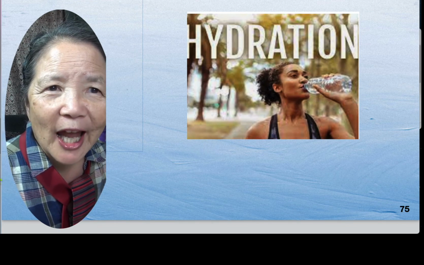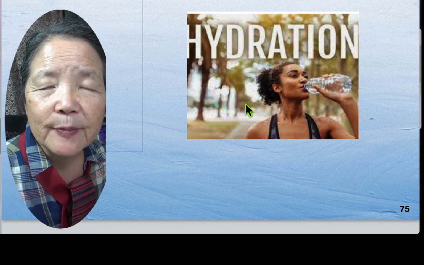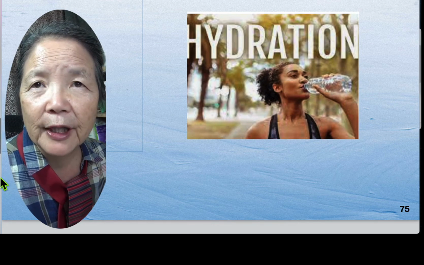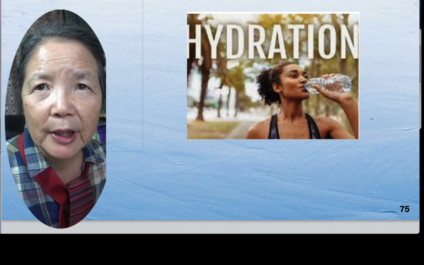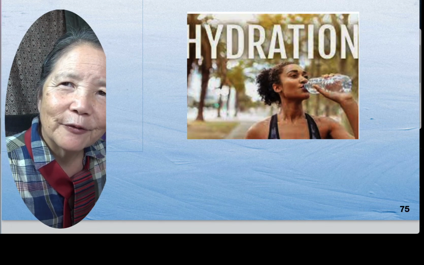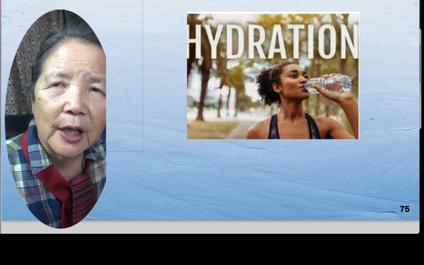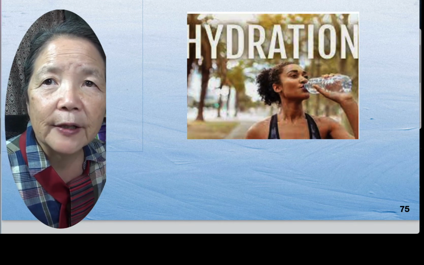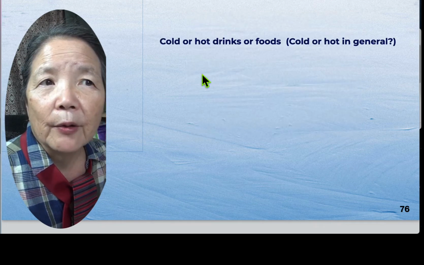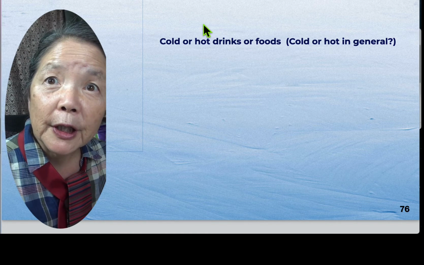If they tell you, actually, I'm not thirsty at all, but I drink this much water because I don't think I drink enough, according to what other people are telling me, that's a very contaminated answer, because they're following the directions of someone else, and they're not telling you how they themselves feel.